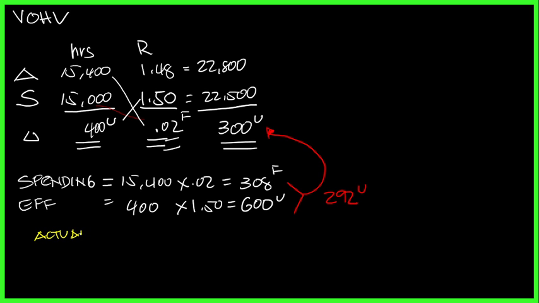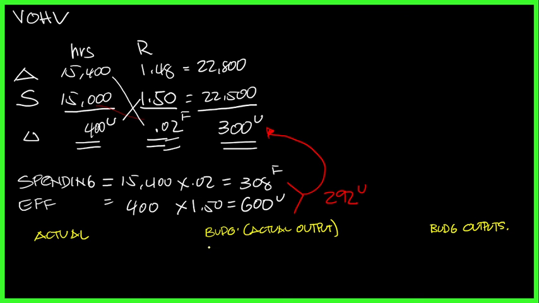You can use your actual and then you compare that with your budgeted for actual output, and then you have here your budgeted output, budget for output achieved.